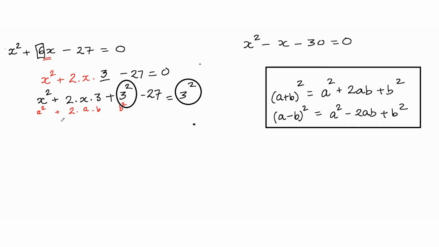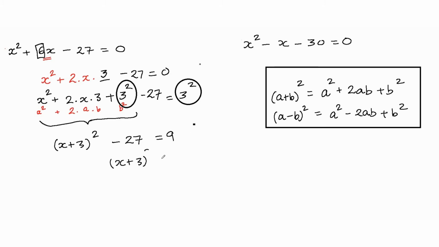Now, because of the addition of this 3 square, you will notice that the first three terms that you see here are of the form a square plus 2ab plus b square, which is a plus b the whole square, minus 27 is equal to 3 square, which is 9. Now shift that minus 27 to the other side.